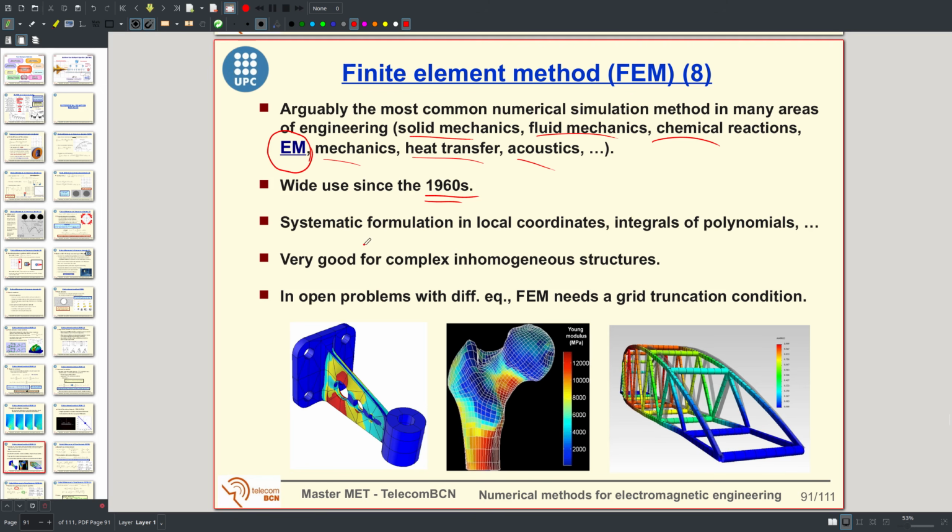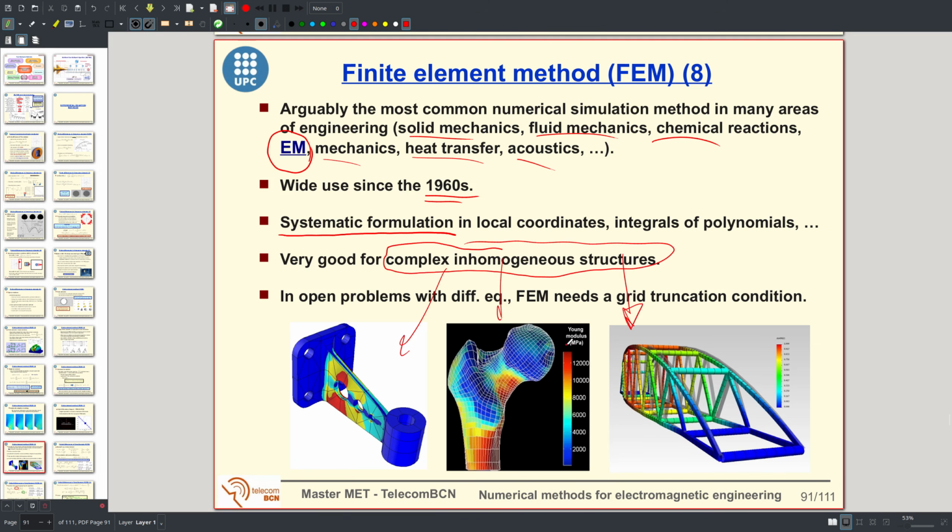And as I told you before, the nice thing about the finite element method is that it has a systematic formulation, so it is easy to formulate and to program, and the flexibility of finite elements to model the geometry makes it very good to model complex inhomogeneous structures like those in the pictures.